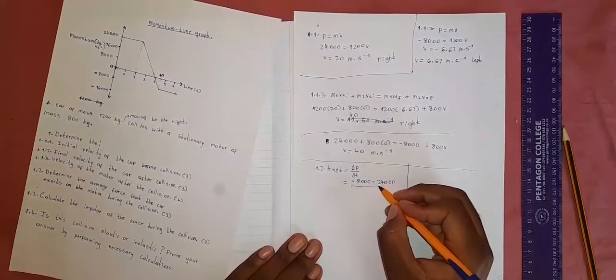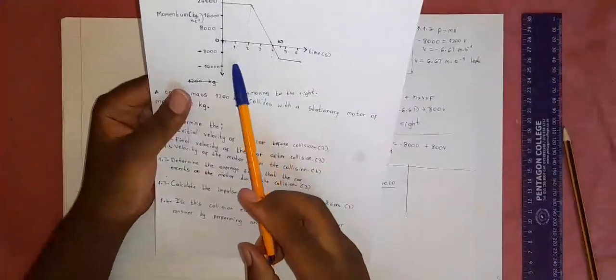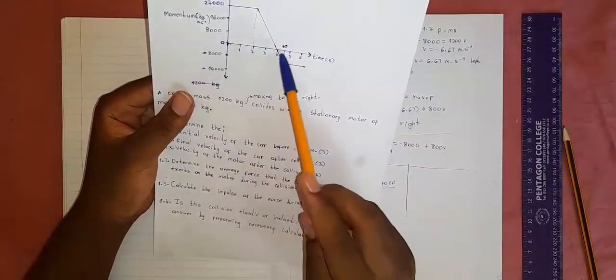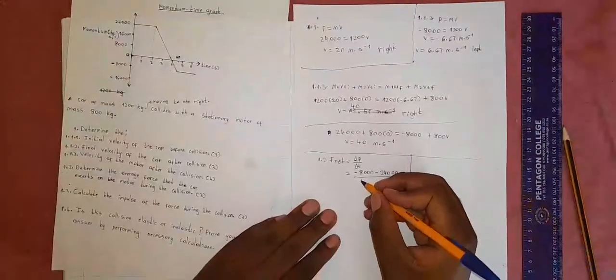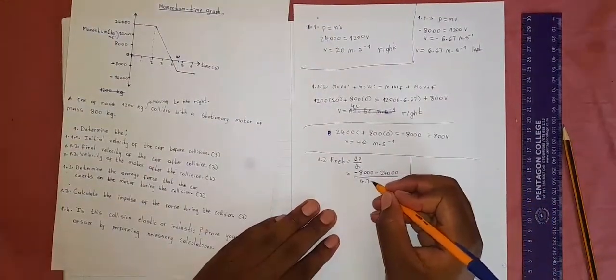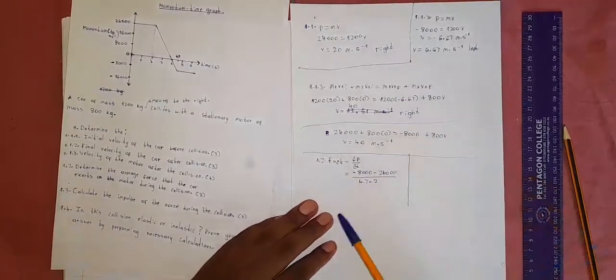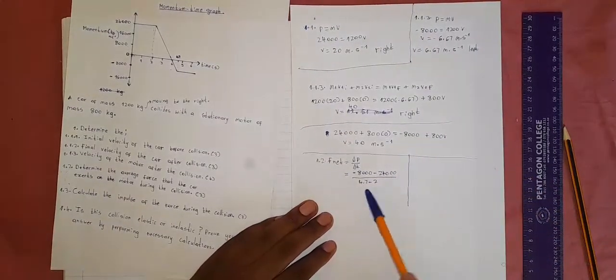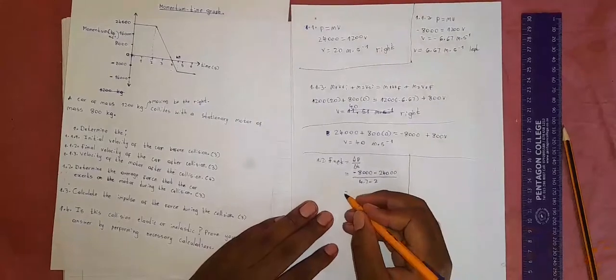So how long did the collision last? The collision started at 2 seconds and ended at 4.7 seconds. So the collision lasted 4.7 minus 2, or you can just substitute in 2.7. It doesn't really matter.